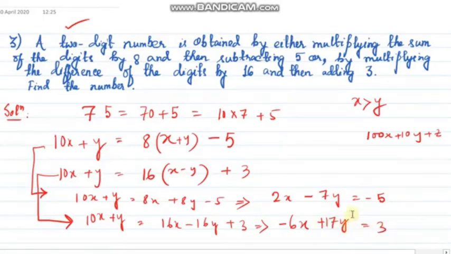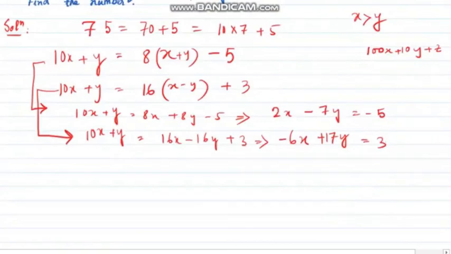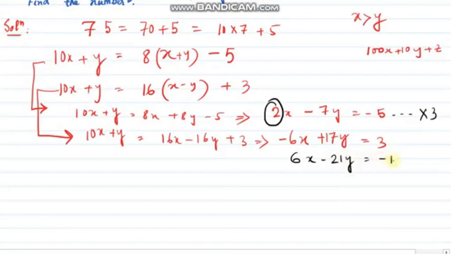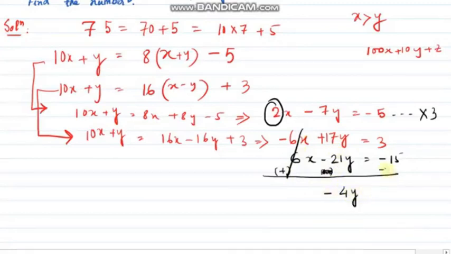If I have to solve this, just check. I taught you this thing, that I'm just going to multiply the first equation by 3. So it will become 6x minus 21y equals minus 15. Now if I add them, my x will be cancelled out. So for adding, signs will remain the same. So I can write minus 4y equals minus 12.